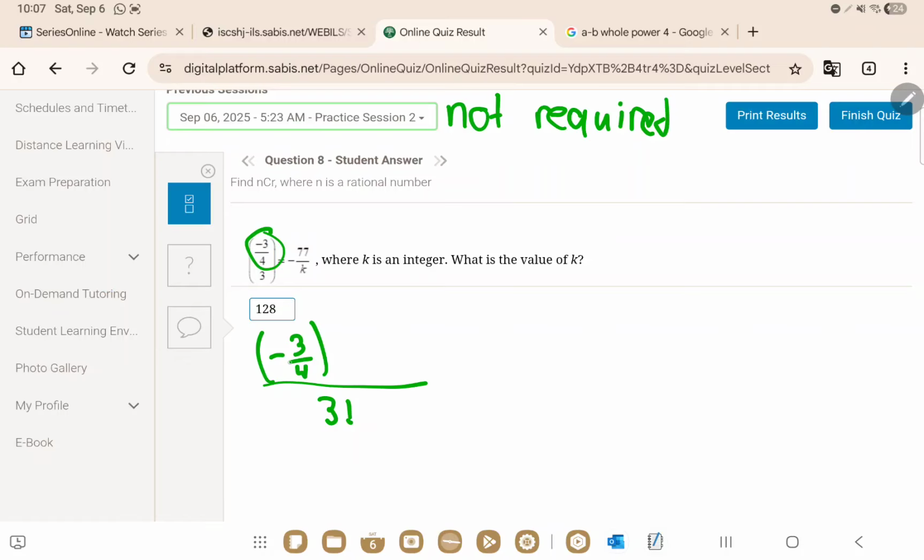So it's negative 3 over 4 into negative 3 over 4 minus 1 into negative 3 over 4 minus 2, and that is it. 3 factorial equals 6. Now you put this into your calculator, it will work. Let us see what it gives us. It should give us negative 77 over 128, but I'm going to make sure and check on my calculator.